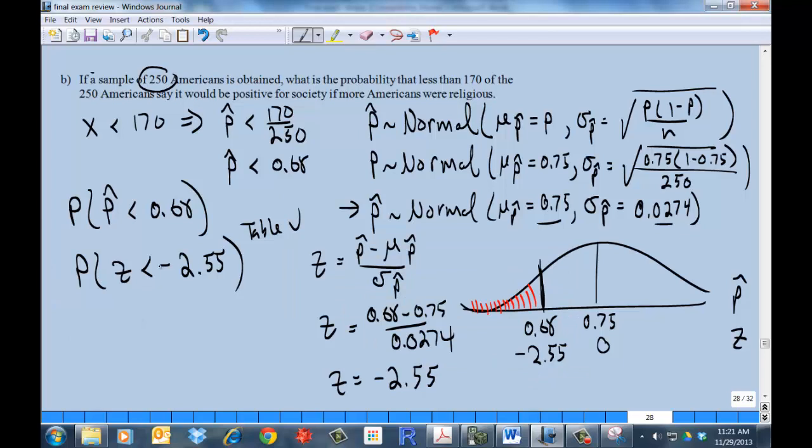Okay, so when I look up minus 2.55, I get 0.0054. So the probability here is 0.0054, which is also the area under the curve.